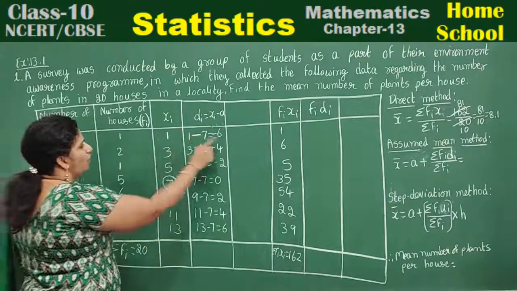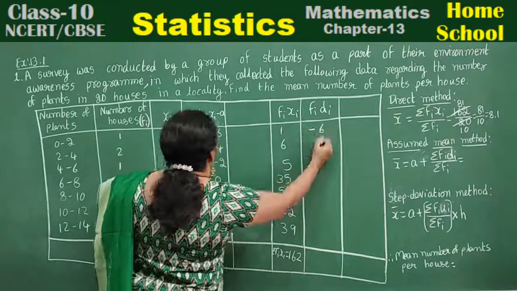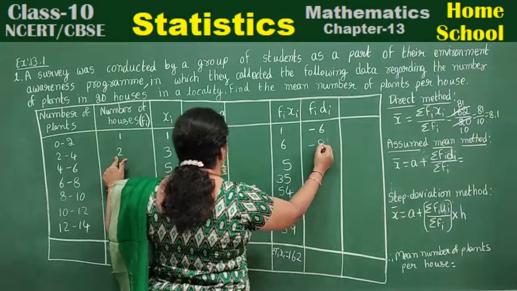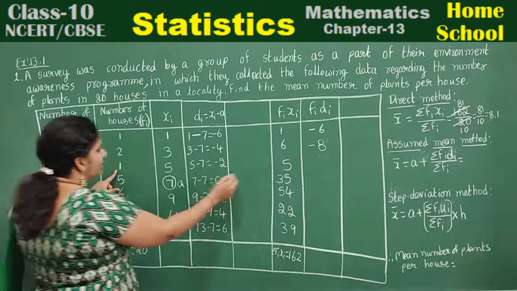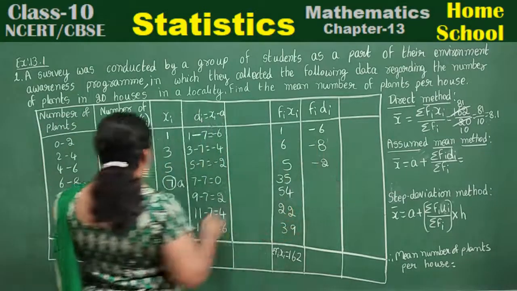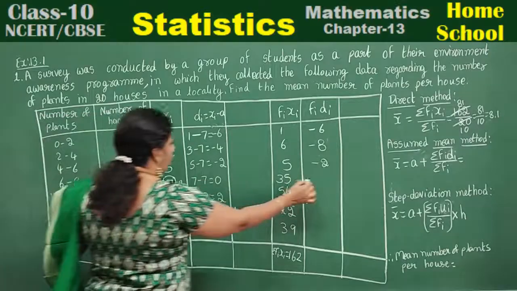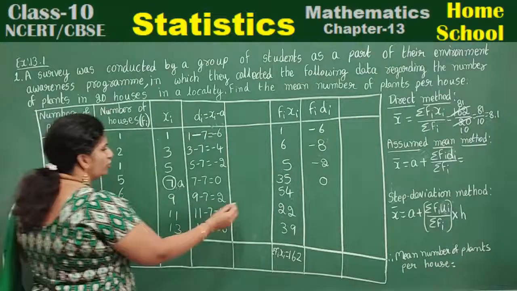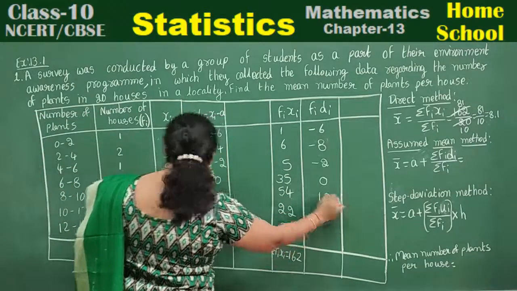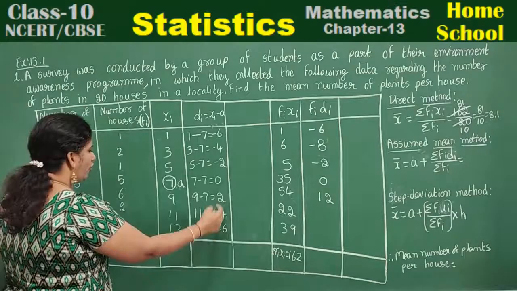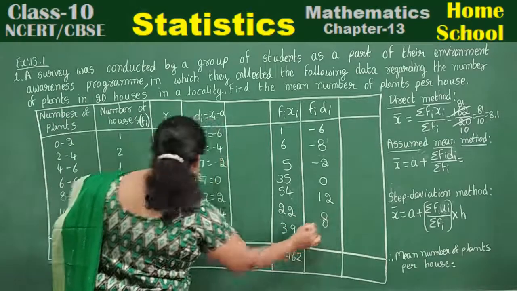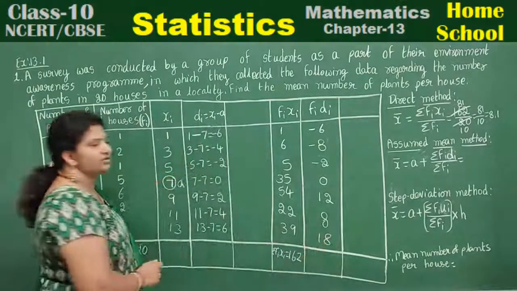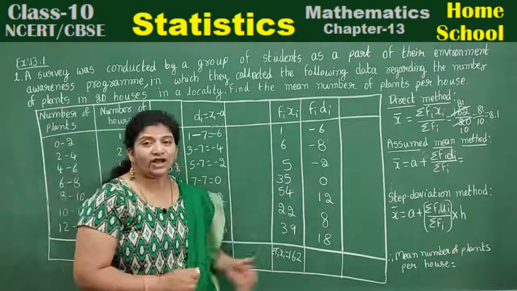Multiply these. 1 into minus 6, minus 6. 2 into minus 4, minus 8. 1 into minus 2, minus 2. 5 into 0, 0. 6 into 2, 12. 2 into 4, 8. 3 into 6, 18. Okay. Now we need to add all these.